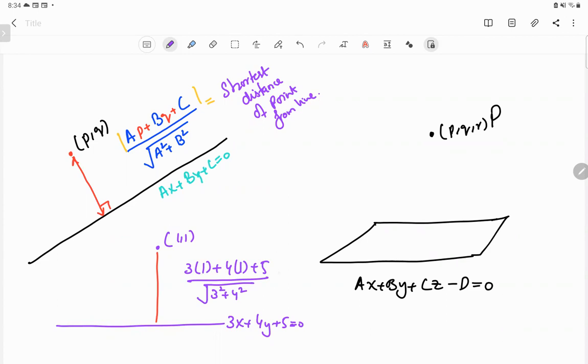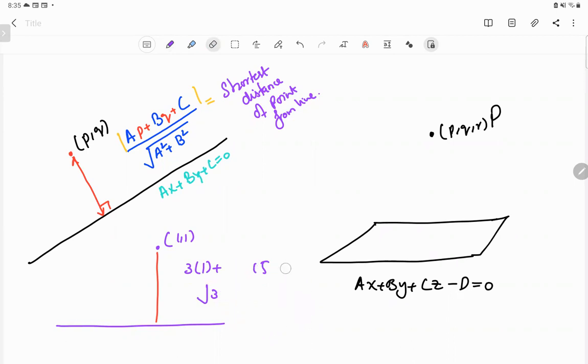This will directly give me the distance of the point from the line. This is 12 over 5, which is 2.4. So 2.4 is the distance of the point from the line. This is the formula which normally teachers teach in P1 when they are doing coordinate geometry. This is a very useful formula.